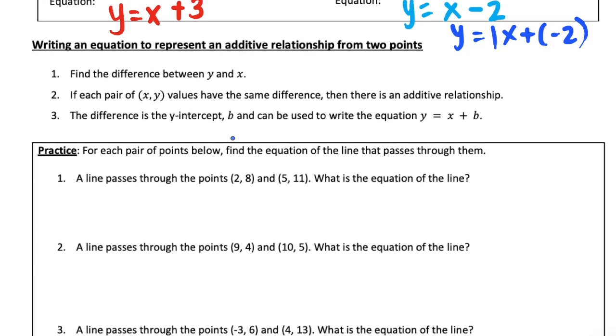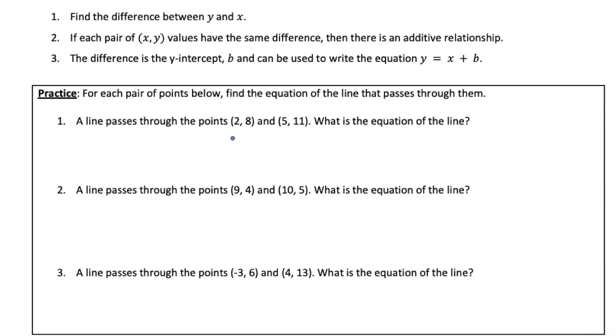So then sometimes you'll just get these words of a line passing through some points, and they ask what the equation of the line is. So we want to figure out, without using a graph, how we could find the equation. Something I would suggest is to put the values that they give you into a table like we just practiced, because it'll be the same idea.